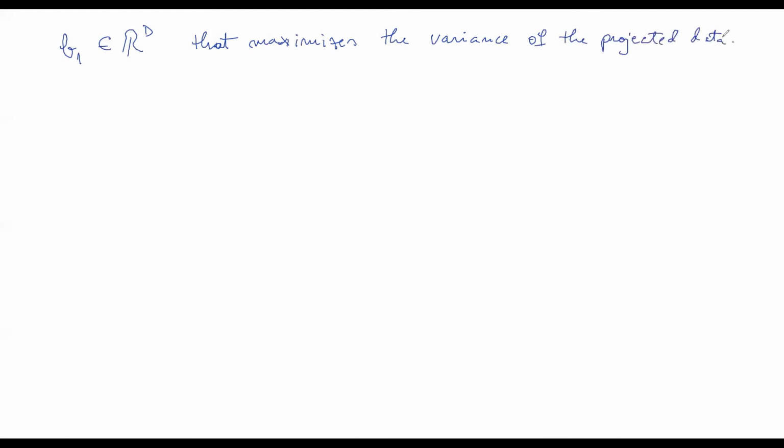And so what this means is that you are going to take the variance of the projected data. That's the variance of, say, z1, and it's z1 because it's really the projection onto this vector b1.